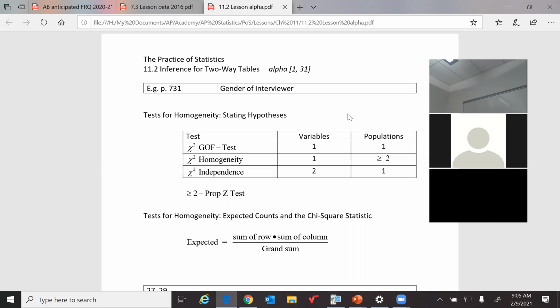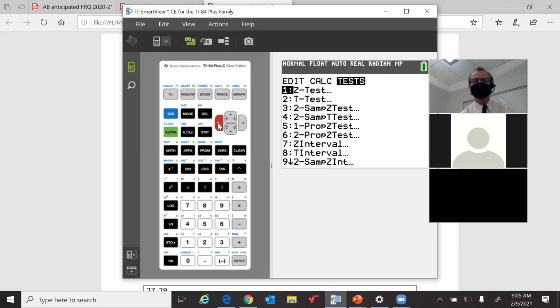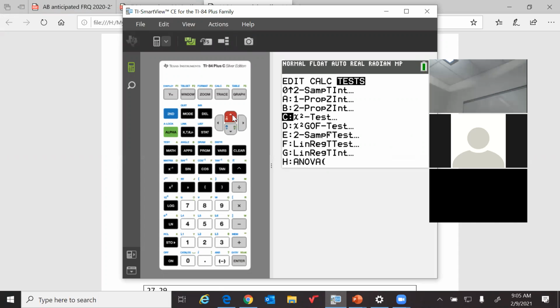Do you understand that what we're doing here, if you go to your calculator, we go to stat test, and we see 6, ready? 2 proportion z-test. 6 is related to C. Because a chi-square is a 2 or more proportion z-test.